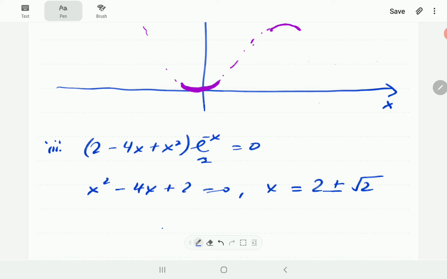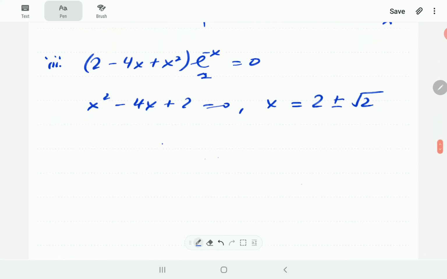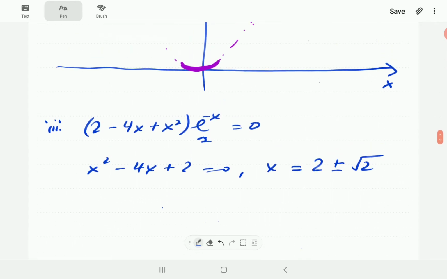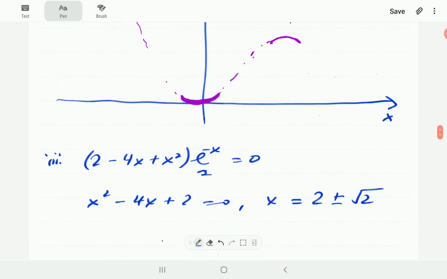So these are located symmetrically with respect to the second stationary point here. So what is happening is the concavity changes at these 2 points. We already know that this side concavity is up and this side concavity is down.